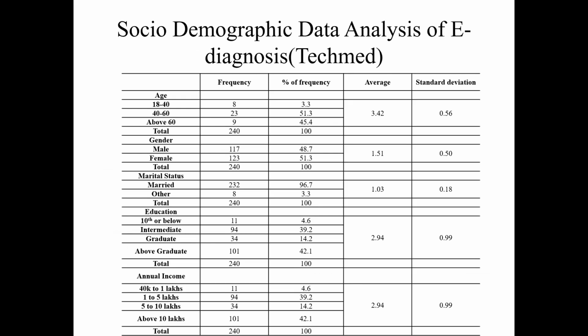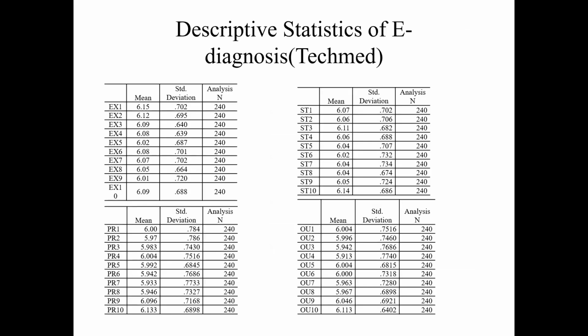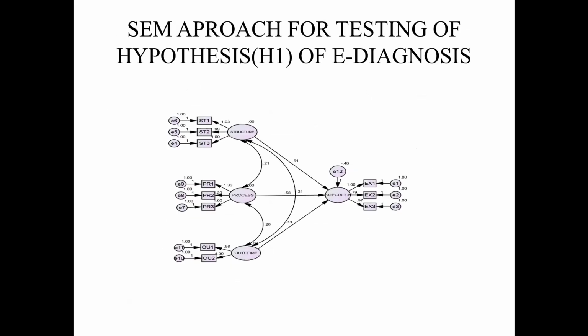The average of marital status is 1.03 and standard deviation is 0.18. The average of education level is 2.94 and standard deviation is 0.99, and the average of annual income is 2.94 and standard deviation is 0.99. So these are the descriptive statistics of e-diagnosis and TechMed.